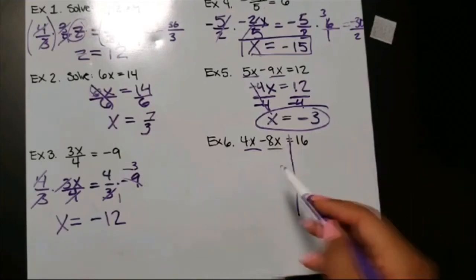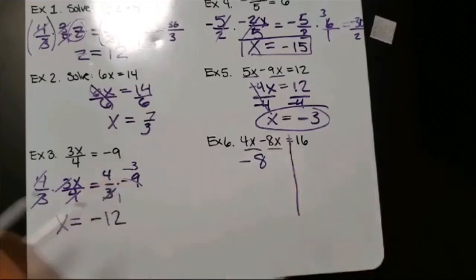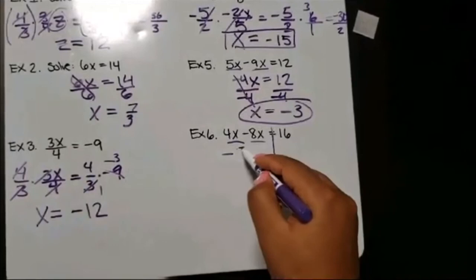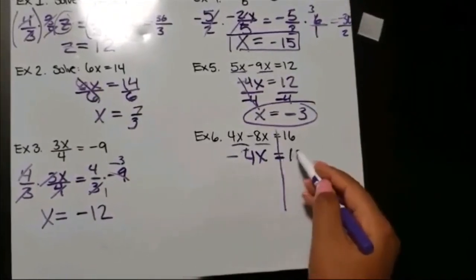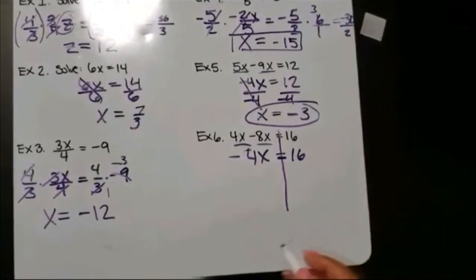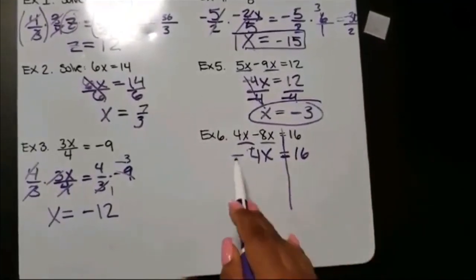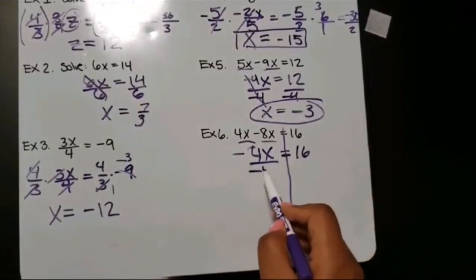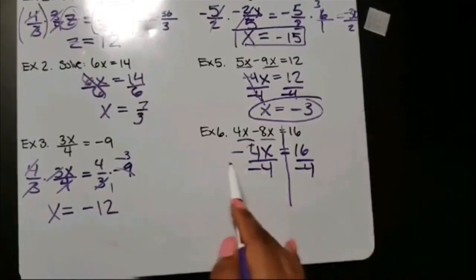So 4x minus 8x is negative 4x. Then we have our equal sign and we bring our 16 down, okay? Now we see that we have this negative 4 being multiplied by the x again, so we can divide both sides by negative 4.